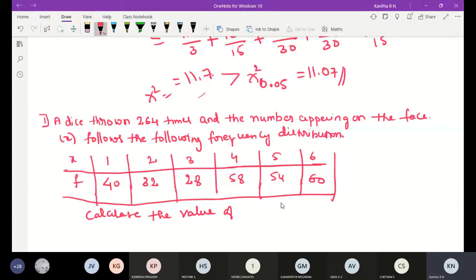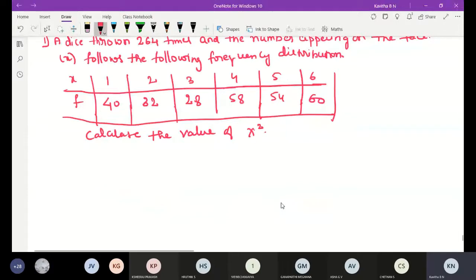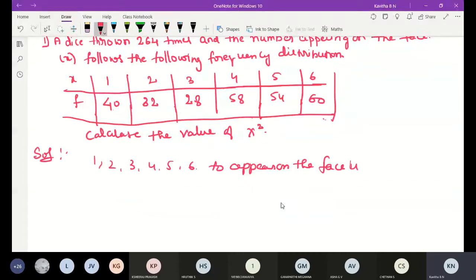Assuming that the dice is unbiased, what we'll do here is add the frequencies of the numbers 1, 2, 3, 4, 5, 6 appearing on the face: 40 plus 32 plus 28 plus 58 plus 54 plus 60, which is 272. Then 272 divided by 6, we get 45.3333. Rounding off, we take 45.